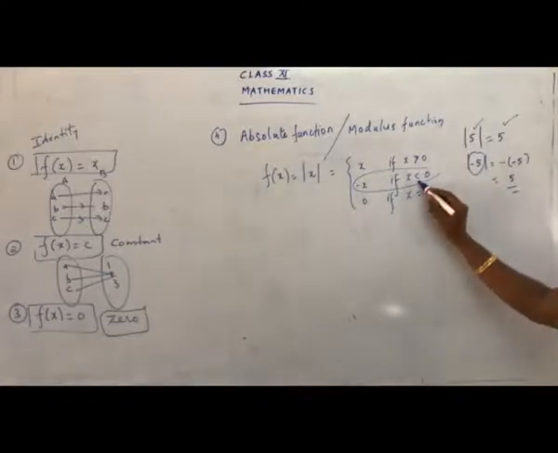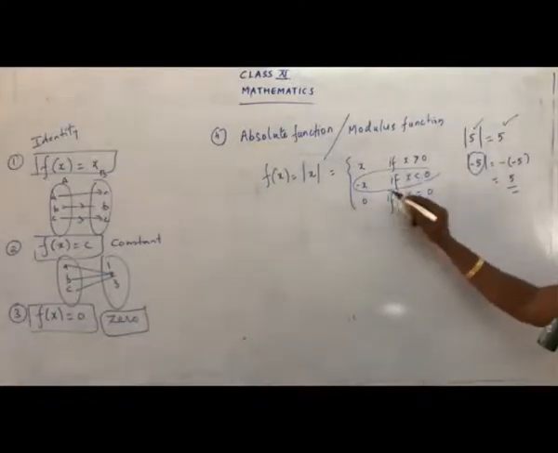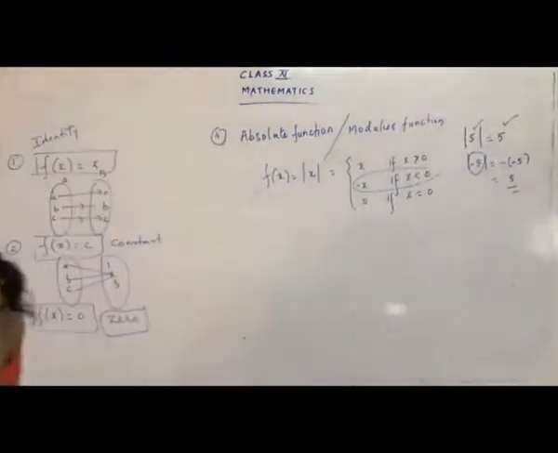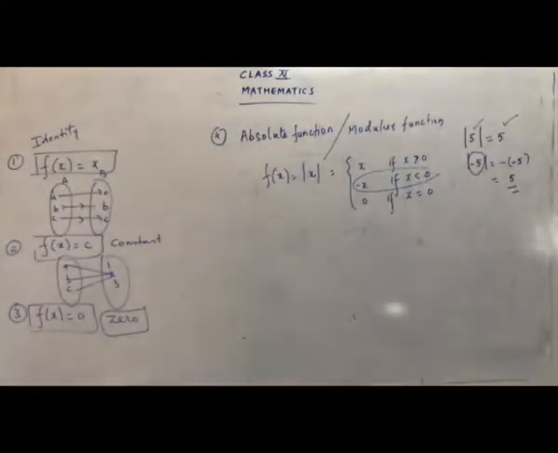If less than 0, the answer is minus x. And if it is 0, the answer is 0. So modulus x is defined on 3 conditions: one for positive, one for negative, and one for 0. I hope the absolute function is clear to you.